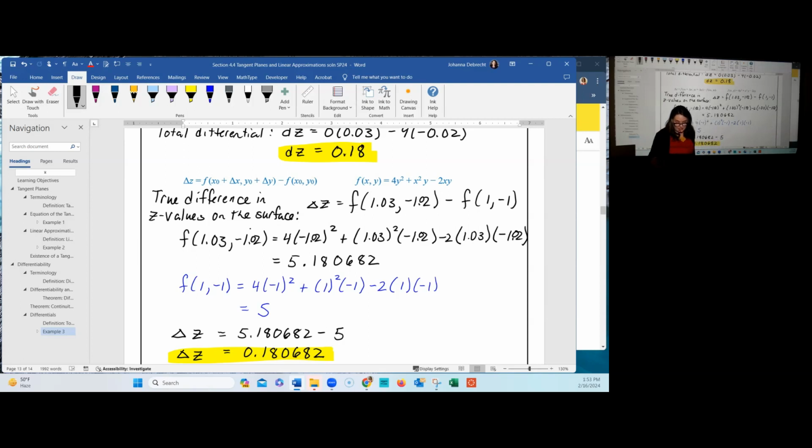When you add those in, you get 5.180682. When we substitute the value where we computed the tangent plane approximation, 1, -1, we get a value of 5. Subtracting these gives us 0.180682 as the difference in the z values on the surface. In this case, our approximation is really quite close out to the third decimal place.